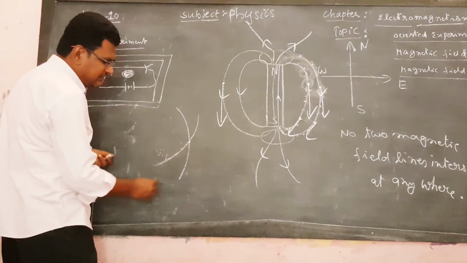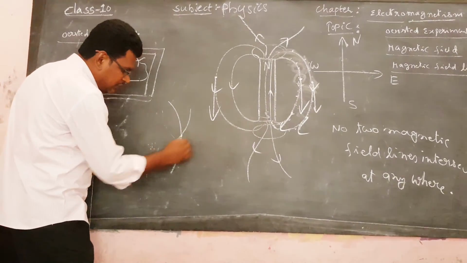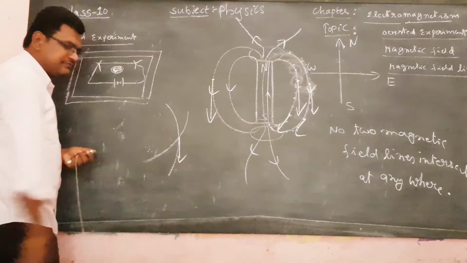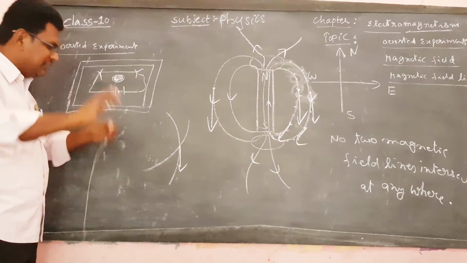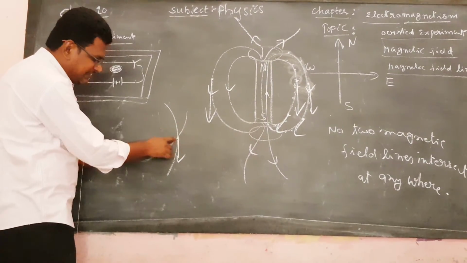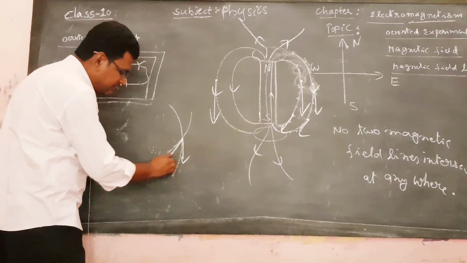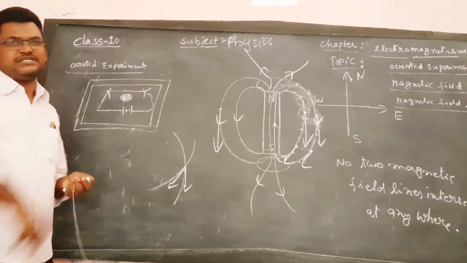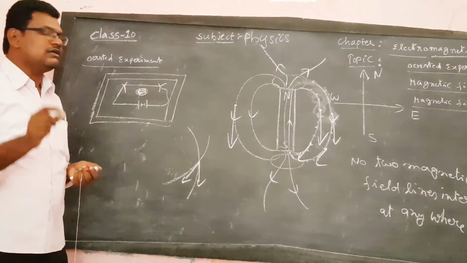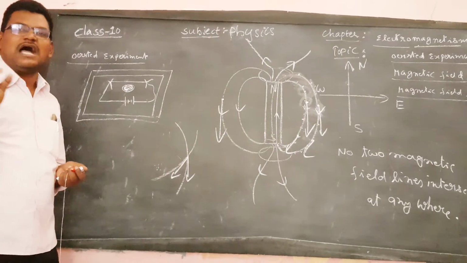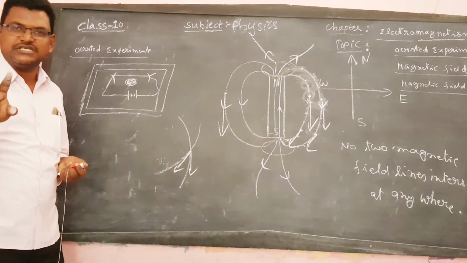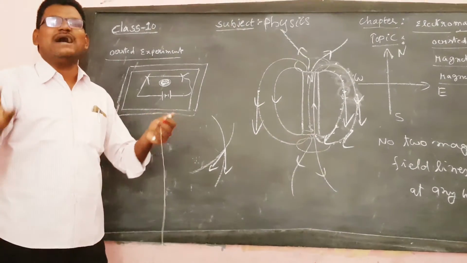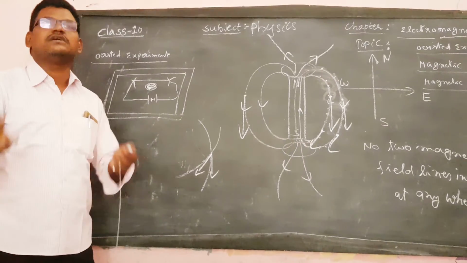If we draw the tangent to this magnetic field line, its direction is in this way, and if we draw the tangent to the other magnetic field line at this point, it is in this way. So at a single point we get two directions. But a magnetic field having two directions at a single point is highly impossible. That's why no two magnetic field lines intersect at any point.